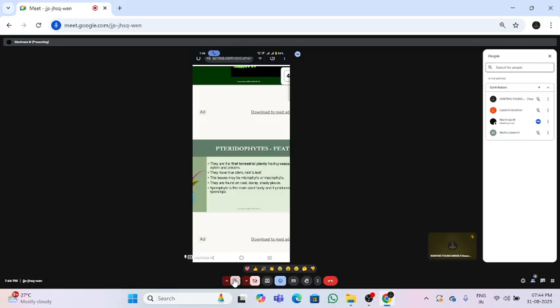But in macrophyllous leaves, there is parenchymatous tissue in between, present between the xylem and phloem, so it will disturb the xylem and phloem.